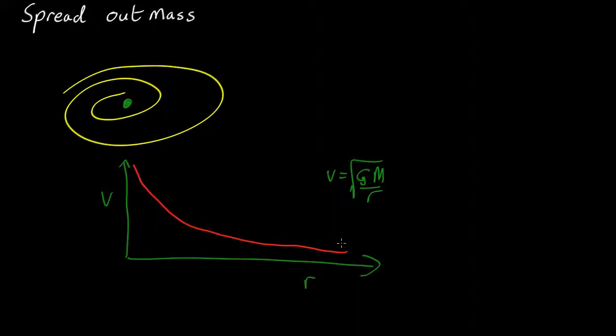But that's not actually very realistic. Galaxies do have big black holes in the middle, but these black holes are at most about 10 to the 8 solar masses, whereas the overall galaxy is more like 10 to the 11 solar masses. So this is much bigger than that. Most of the mass is not the black hole, it's the vast numbers of stars orbiting around.